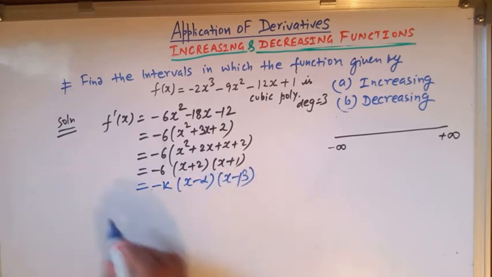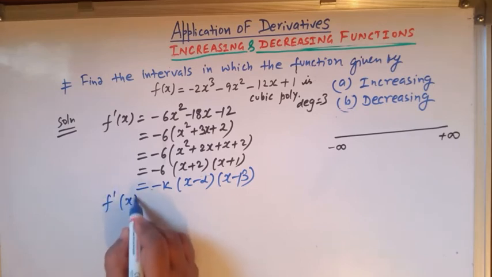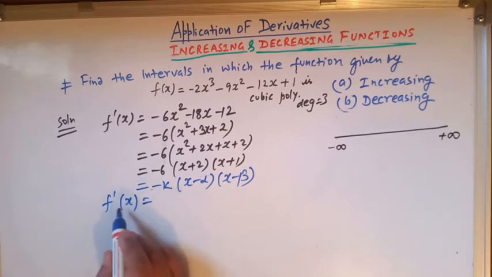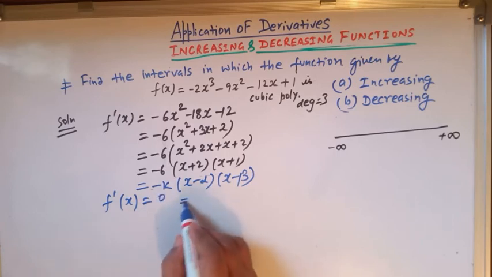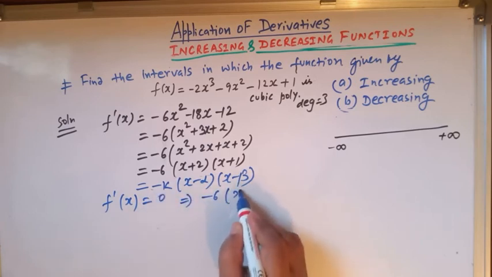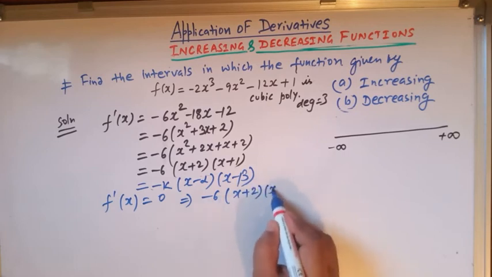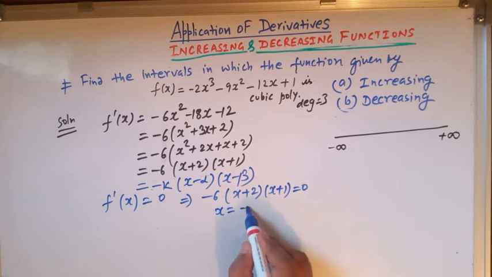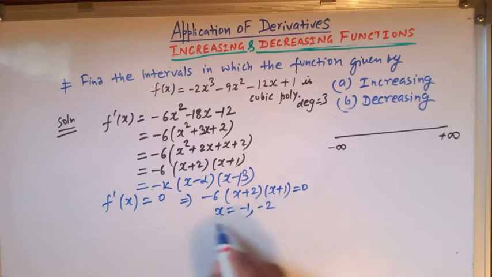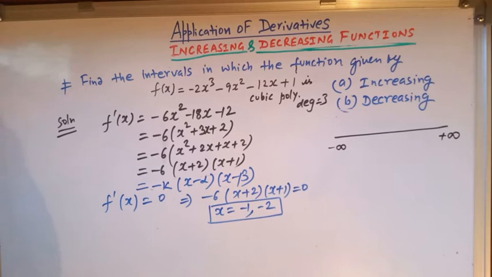Okay, so if we put the derivative of f equal to 0, we have minus 6 x plus 2 x plus 1 equal to 0. So here we have x equal to minus 1 and minus 2. So these two are the stationary points, or we can say these are the critical points.